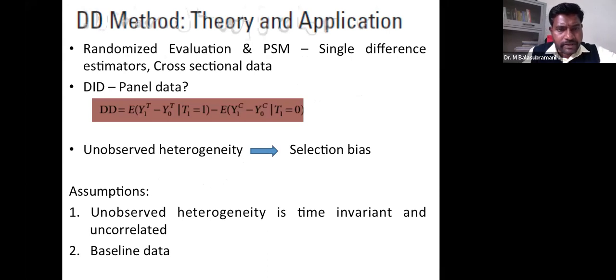This is the treatment group with the counterfactual, y1t minus y0t. Before and after the treatment, see how the participants differ, and before and after, how the control group differs. The difference between these two gives our double difference.